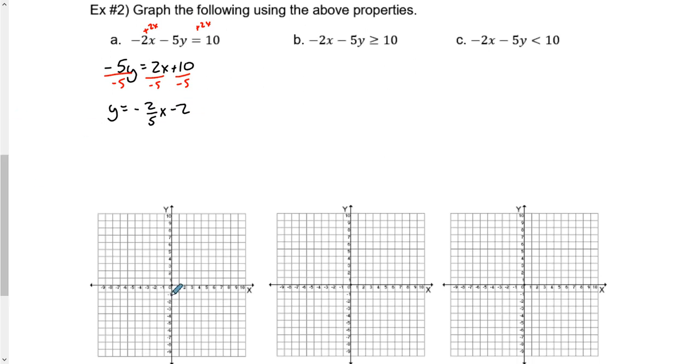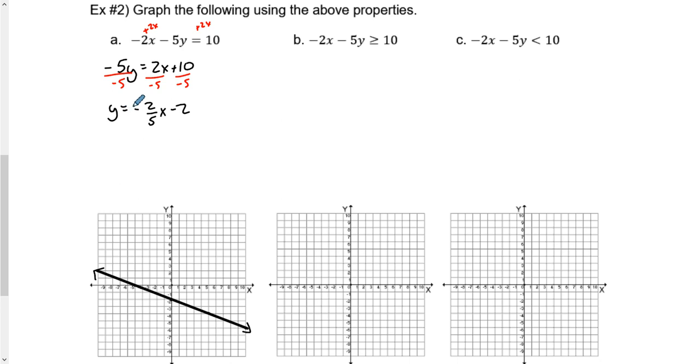So this graph goes through negative 2, down 2, right 5, down 2, right 5, or up to the left 5, up to the left 5. And there's our line. So that's the equal to.